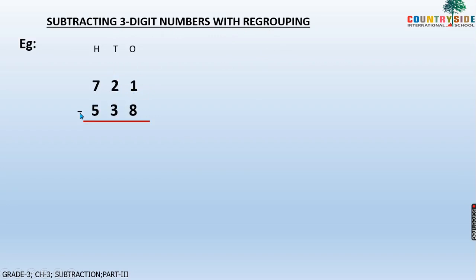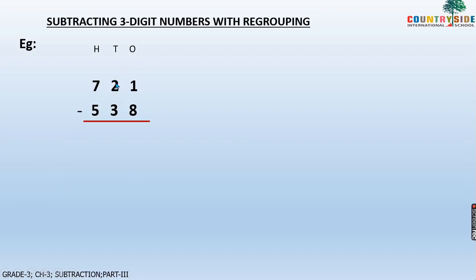721 minus 538. Now 721 is the greater number, that's why we are writing this number on the top, and 538 is smaller than this number, that's why we are writing it at the bottom. Now 1 minus 8. From 1 we cannot subtract 8. So what we will do, children, is borrow one from this 2.